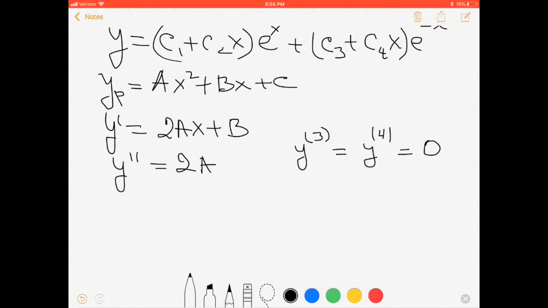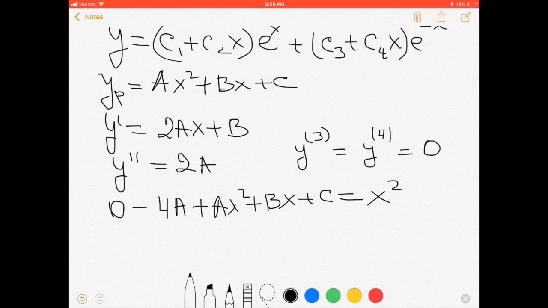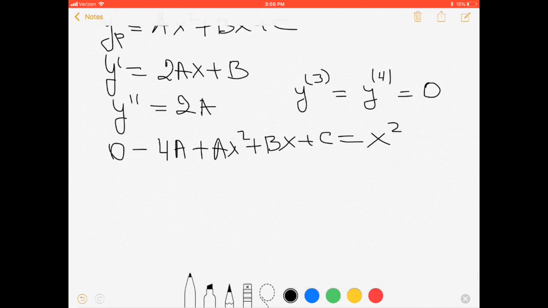Plugging into our equation, we have 0 minus twice the second derivative, this means minus 4a, plus the function, this means plus ax squared plus bx plus c, equal x squared. Here we have a equal 1 because ax squared equals x squared.